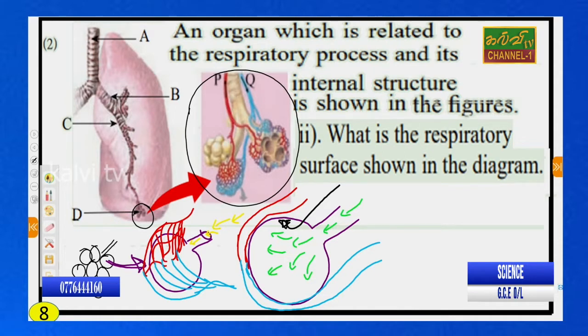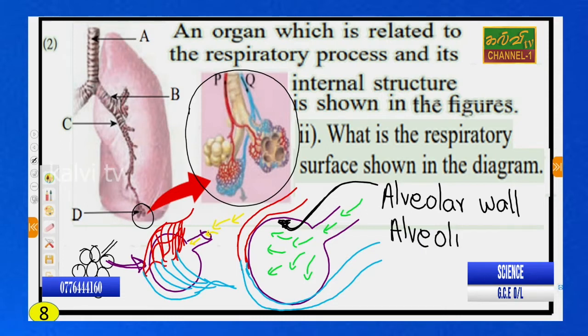I have indicated with a black color arrow mark. That is the alveolar wall, or alveoli. So this is the surface. Here they have asked the question, respiratory surface.